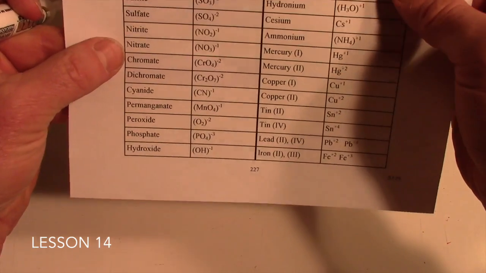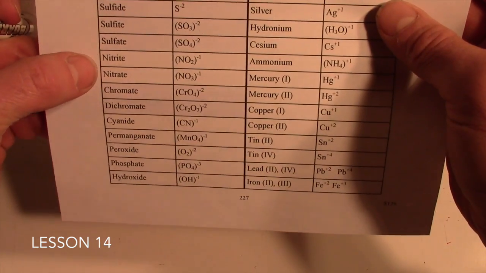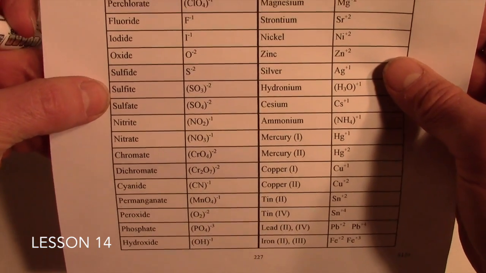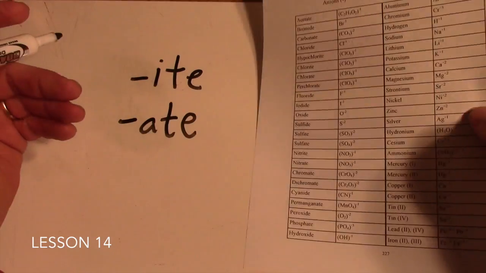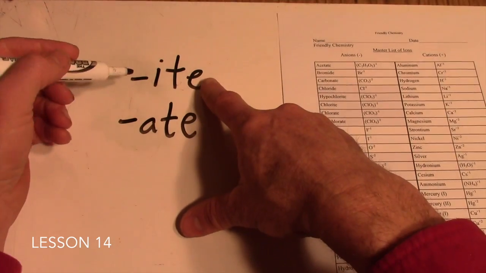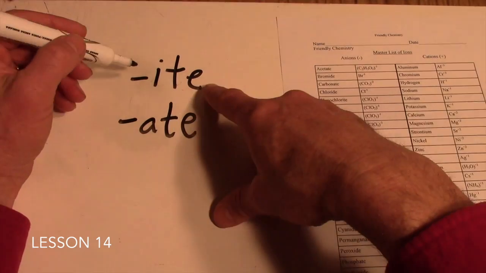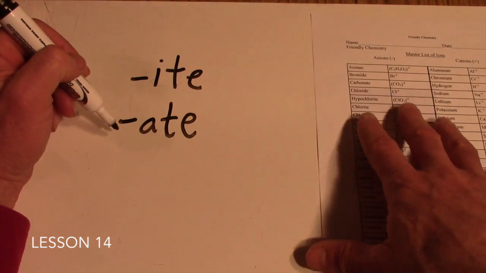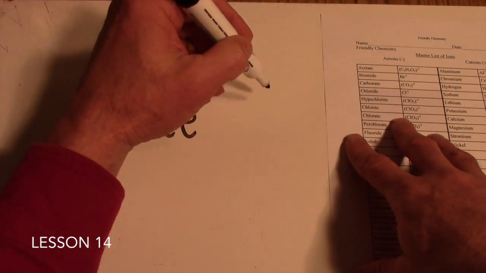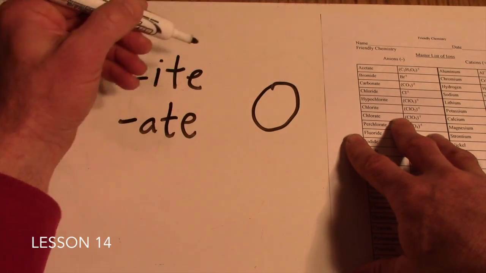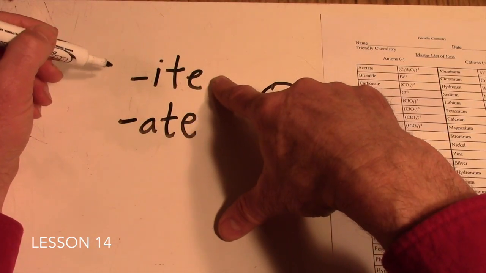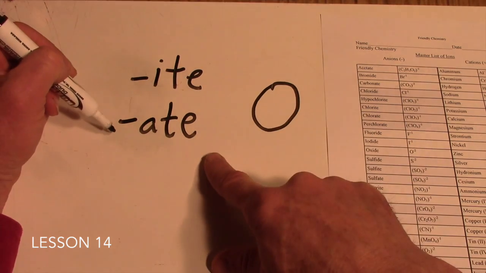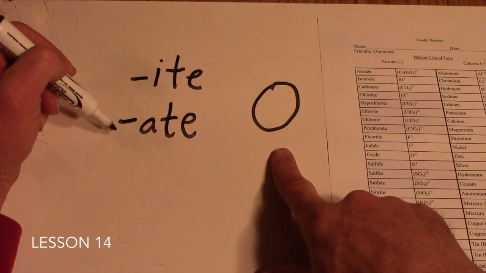Let's go down clear to nitrite and nitrate, and then we have sulfite and sulfate right there. Any ion that has the ending -ite or -ate in it will also have, as one of its elements, oxygen present. So when you see an ion ends in -ite, as in nitrite or nitrate, oxygen is going to be present.